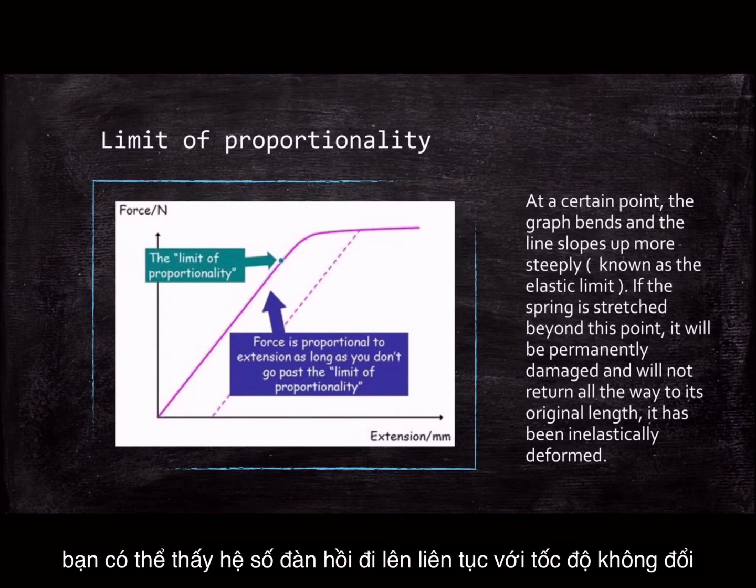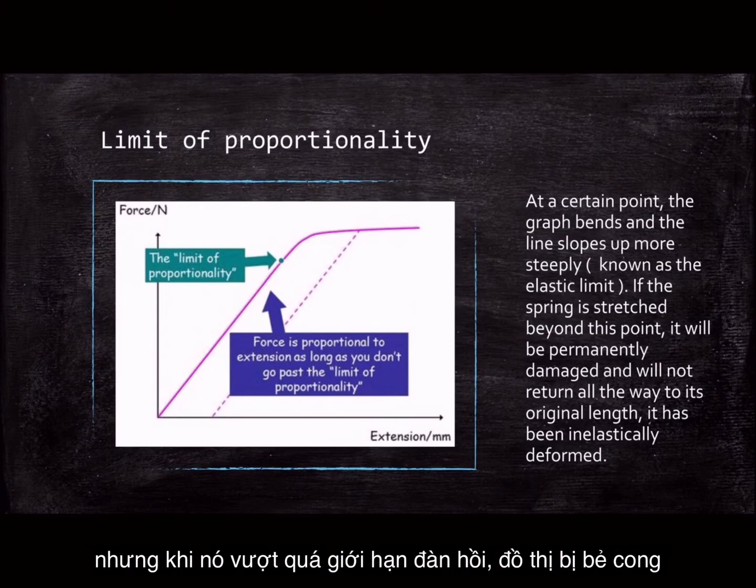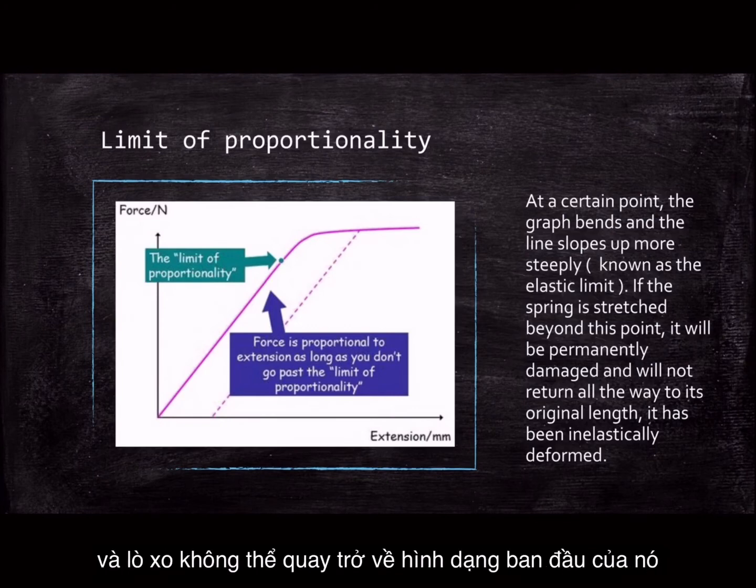The line goes constantly upward, but when you pass that point it bends, and the spring cannot return to its original length or shape.